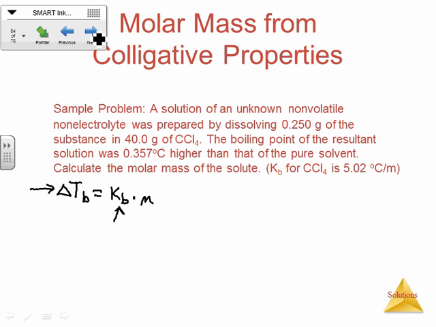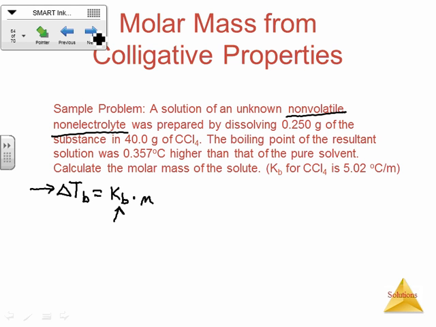So in this problem, again, it's a non-volatile, non-electrolyte, and the reason non-electrolyte is important is because that means it's not going to split apart or dissociate in water. Okay, so we've got 0.250 grams of the substance being dissolved in 40 grams of CCl4.